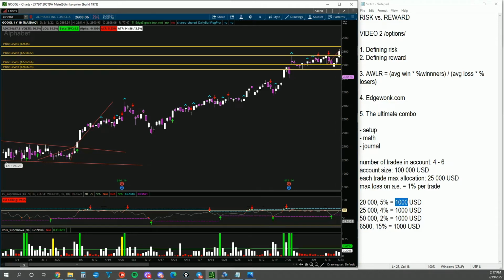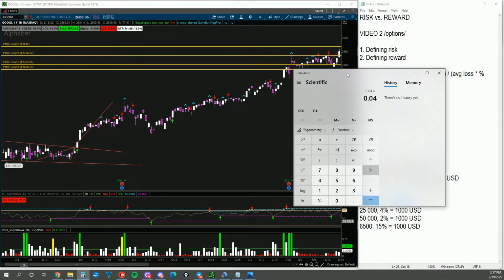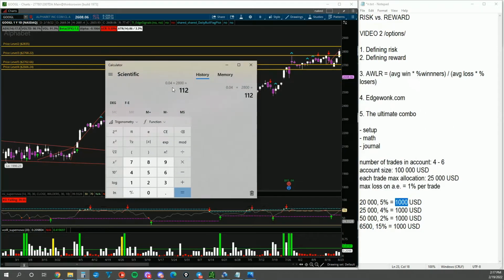Now 4% of $2,808, just bring the calculator, is $112, and we said you can lose a maximum of $1,000. So an easy way is to divide this by 112, and you know that you can buy approximately 9 shares, 8.9. So you buy 9 shares of Google, right?